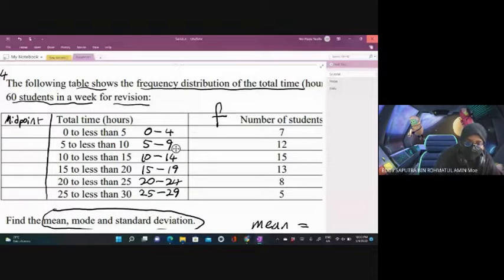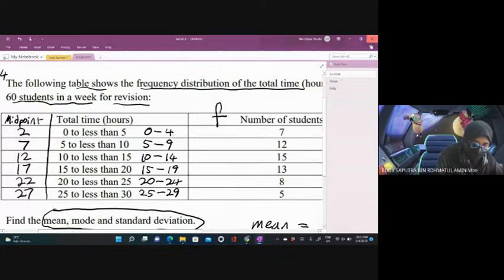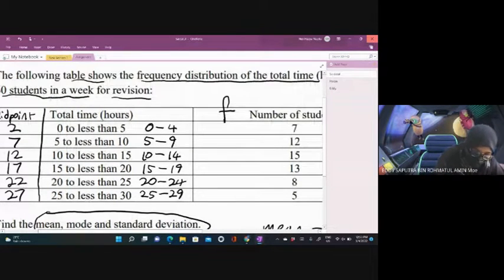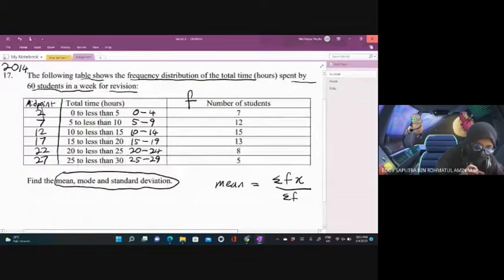So 4 plus 0 divided by 2 we get 2, and then we get 7, 12, 17, 22, and 27. This is the midpoint, and this is also the x. So we found our f and we found our x, and we need to substitute in the data.